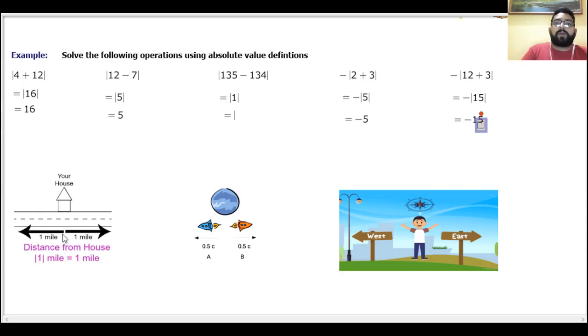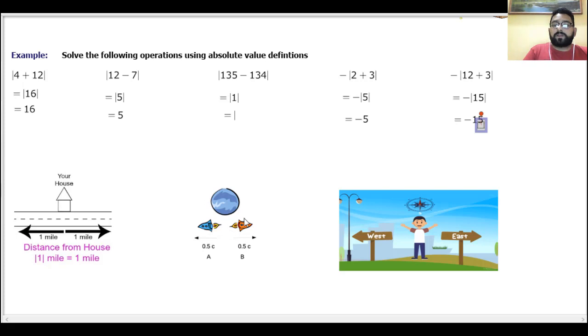And it doesn't matter if we walk to the negative position or to the positive position, if we apply the absolute value, it's always positive, because you cannot say, I walked negative 1 mile, or I buy negative 1 lempiras, or I buy negative 1 baleadas. You can't say.